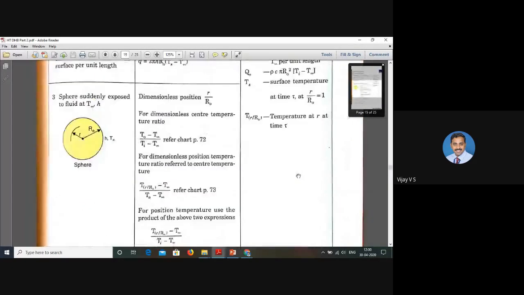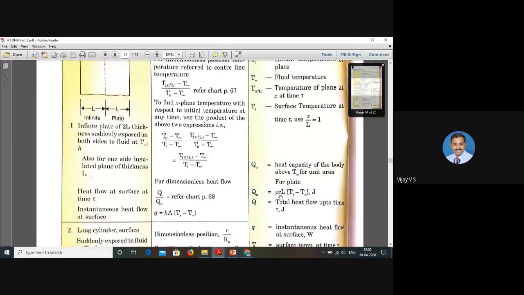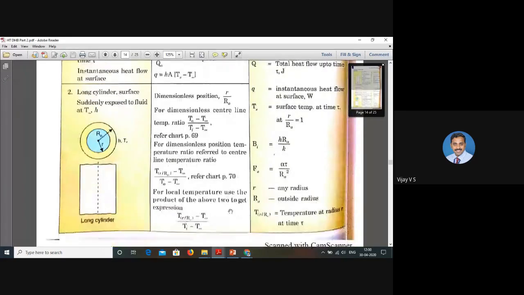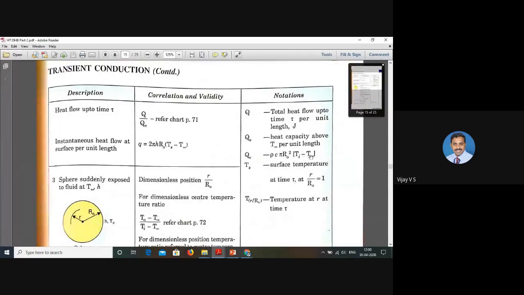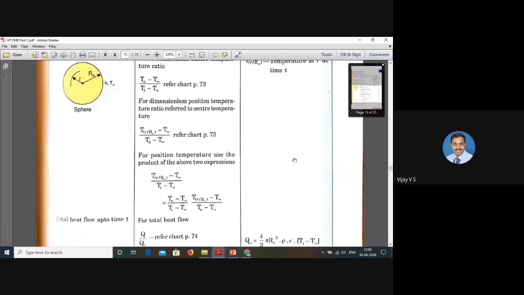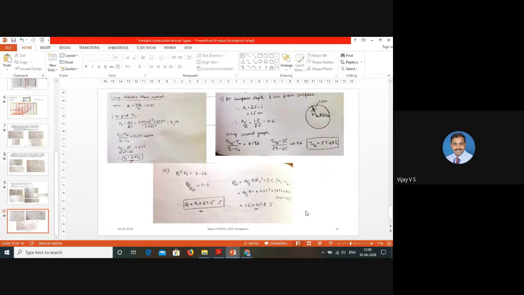See, for flat plate, Q naught value is rho C L. For a cylinder, Q naught value is here: rho C pi r square into Ti minus T infinity. And for sphere, this is the Q naught value: 4 by 3 pi r cube rho C Ti minus T infinity. Okay. So if I substitute that, I will get around 15,000 joules.